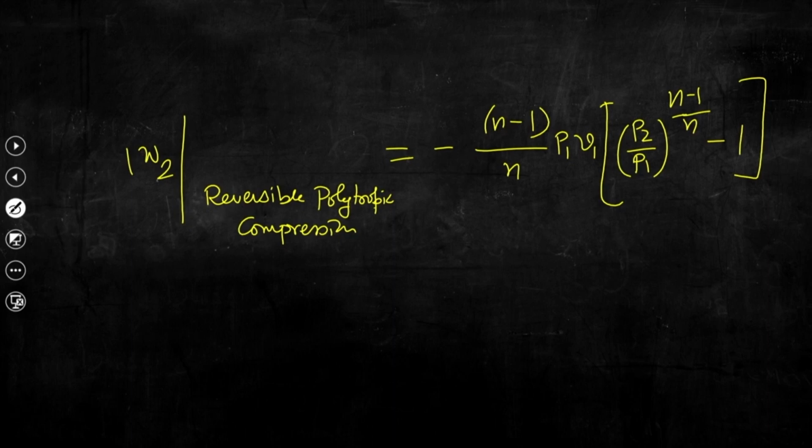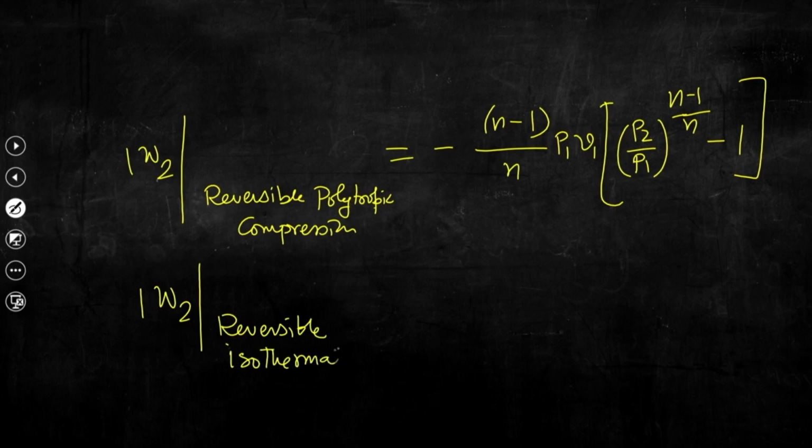Now, similarly, W12 for reversible isothermal compression would be again very easy. That is minus integral 1 to 2 VdP.